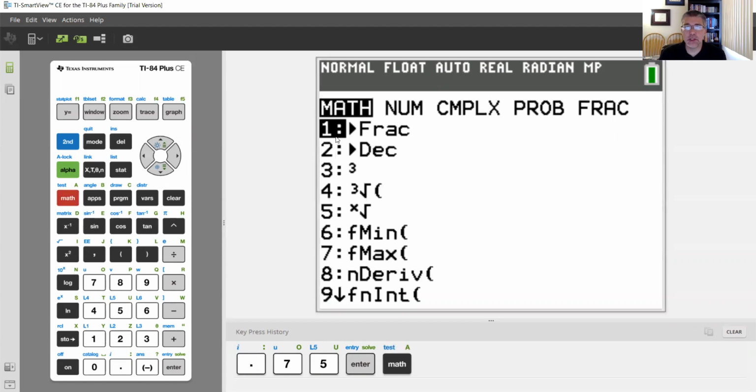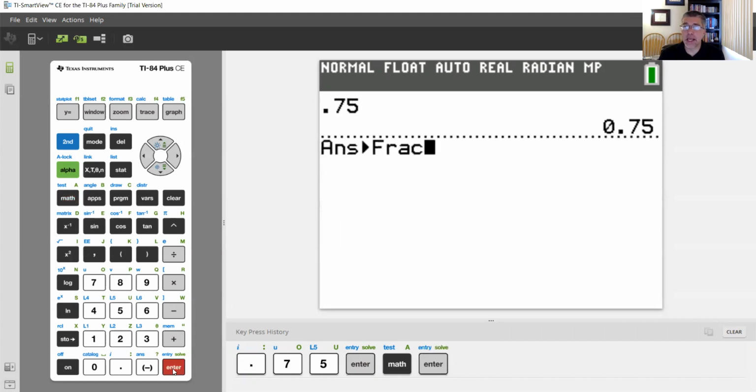I'm going to change this from a decimal to a fraction. So the to fraction key is already highlighted here. I'm going to take that value and make it into a fraction. I don't have to do anything. It's already highlighted on 1. And so I'm just going to hit the enter key.